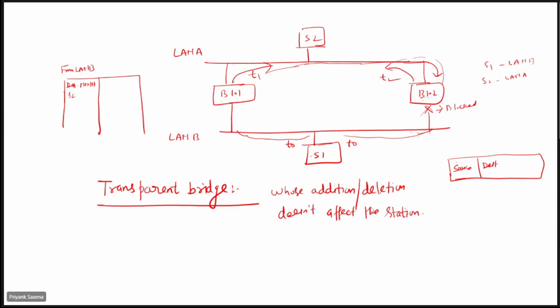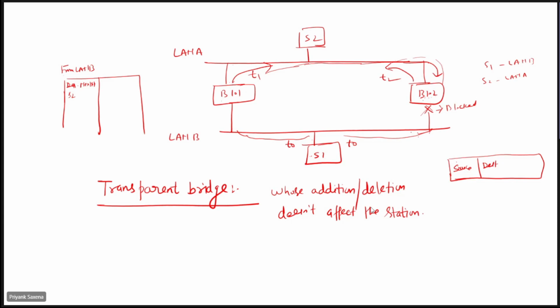Why is it named a transparent bridge? Because when we talked about routing with bridges, we talked about fixed routing, source routing, and also dynamic routing. When we talk about a dynamic environment where network conditions are changing very rapidly, there may be a possibility that an intermediate device may go down, or some intermediate devices may be added to the network, right?